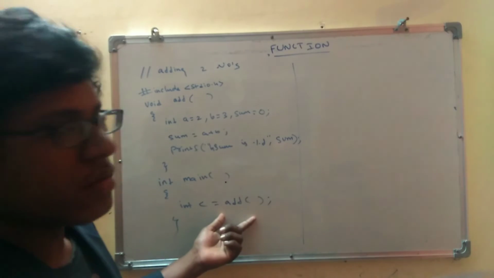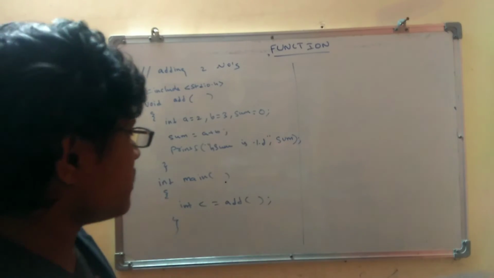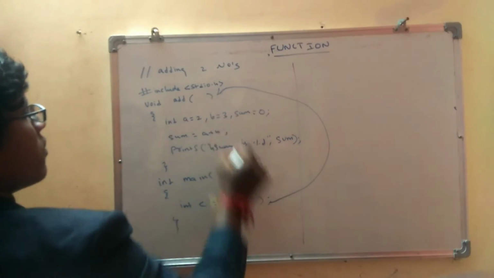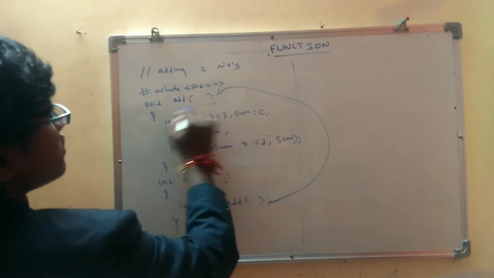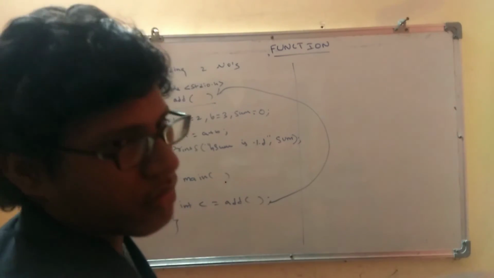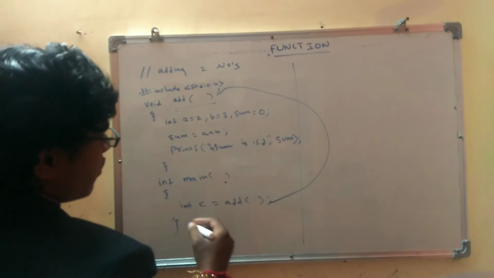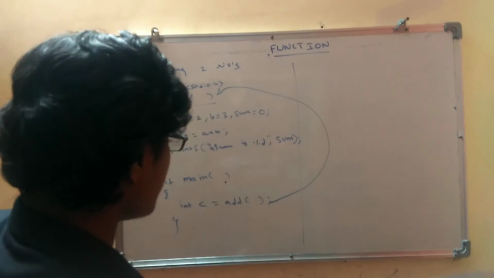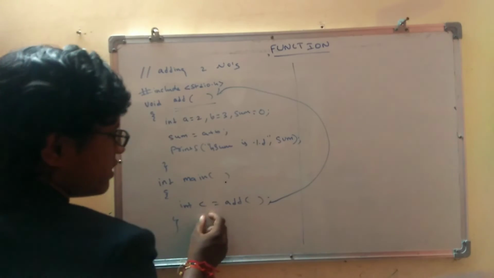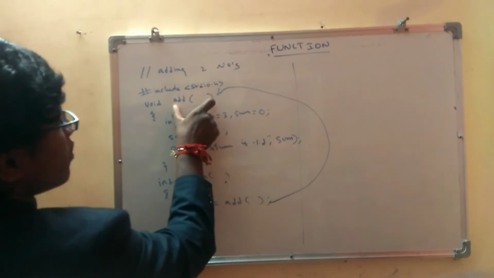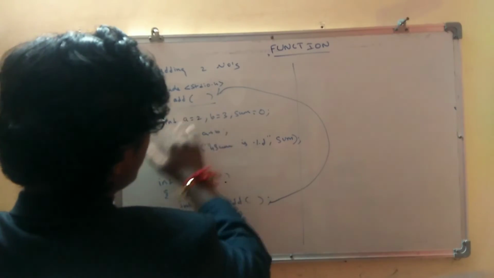Within the main is the calling function, and this calling function is calling this function. This is the called by function because it is written outside the main. Every program starts from the main section only. So the main has the variable c with the calling function add. This add goes to the called by function, and it has some content.